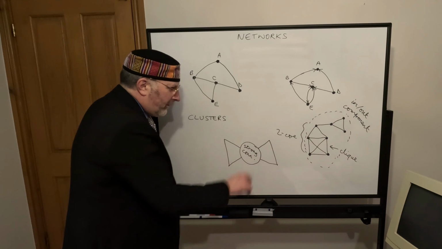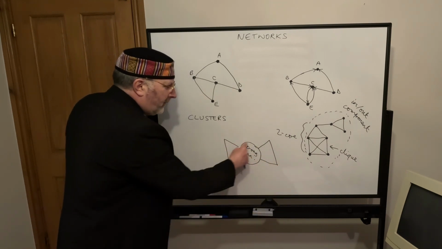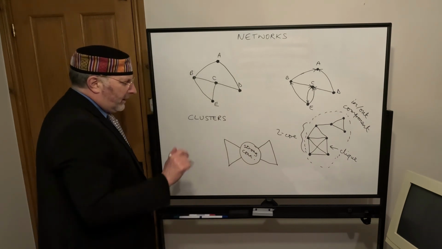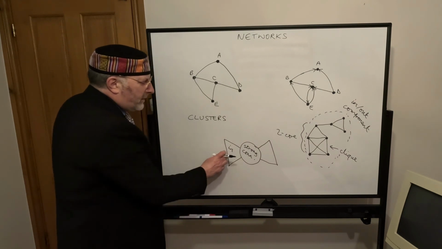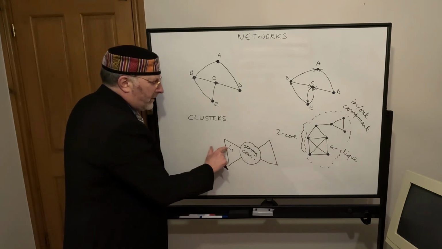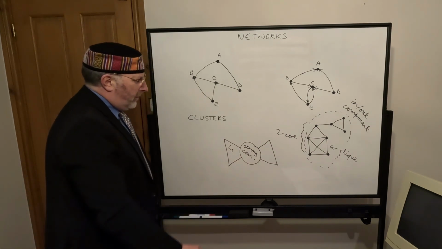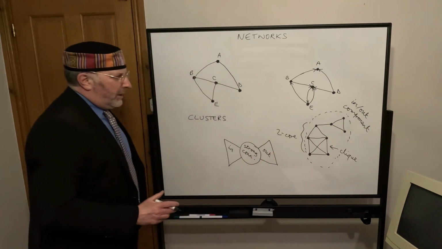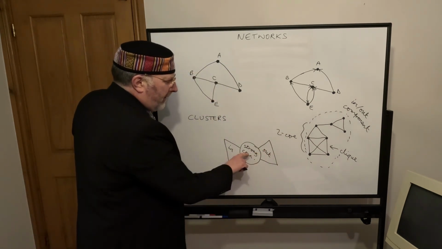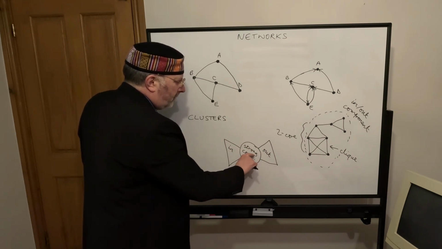Just with your mouse, you can click from one page to the other, and you can get to every page within that strongly connected component. And then there's an in component, which is all the web pages from which, by following hyperlinks, you can get into the strongly connected component. And then there's an out component consisting of all the web pages that you can get to by clicking on links in the strongly connected component.